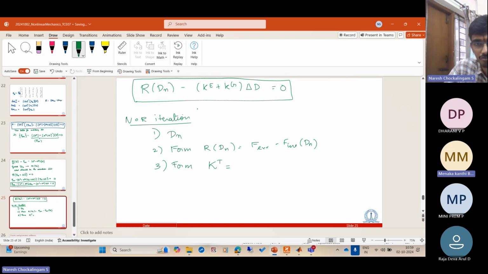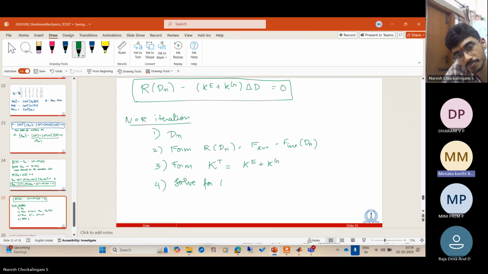It's the tangent to the force displacement curve. So form the tangent stiffness matrix as Ke plus Kg. Then solve for delta d as Ke plus Kg delta d is equal to the residual.